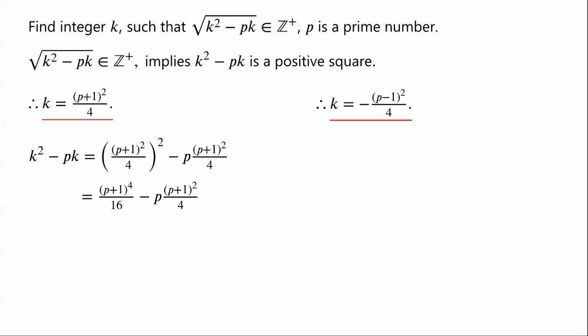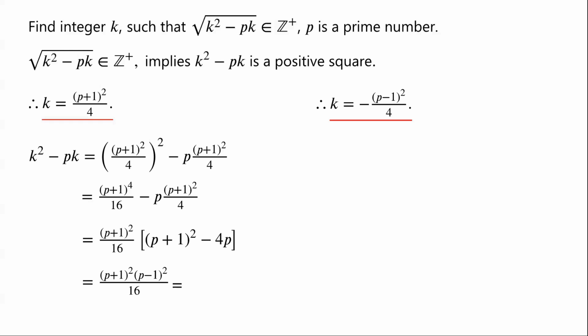Now the two terms have a common factor, (p plus 1) all squared over 16. So they can be factorized and written as (p plus 1) all squared over 16, times ((p plus 1) all squared, minus 4p). (p plus 1) all squared, minus 4p, equals (p minus 1) all squared. So we can now write, equals (p plus 1) all squared, times (p minus 1) all squared, over 16.